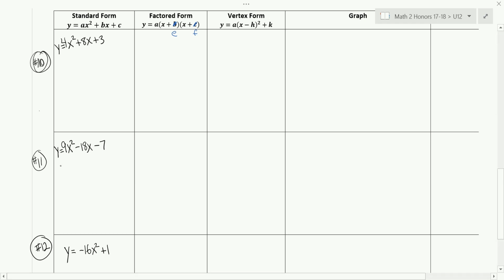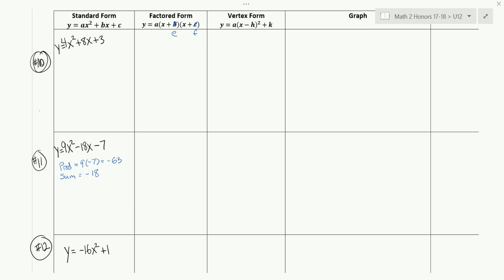Okay. So we're looking for 2 numbers whose product is 9 times -7, which is -63, and whose sum is -18. Okay, I'm going to pause. I want you to go ahead and try to factor that, or finish it if you can.